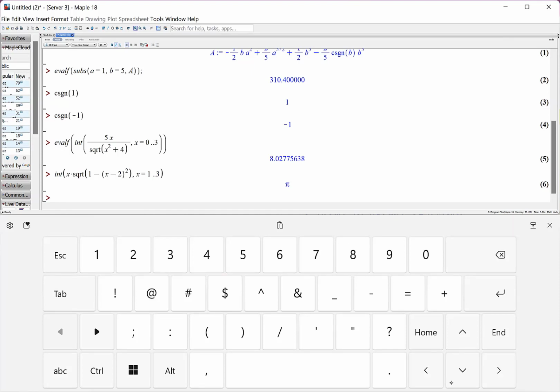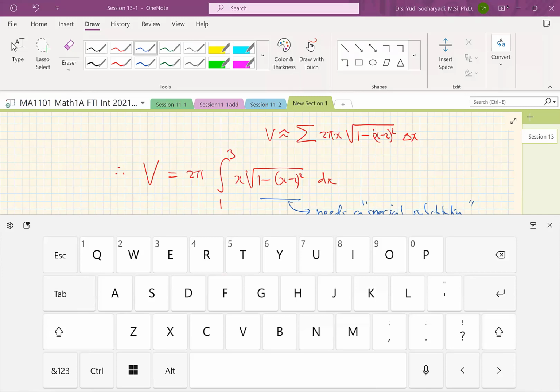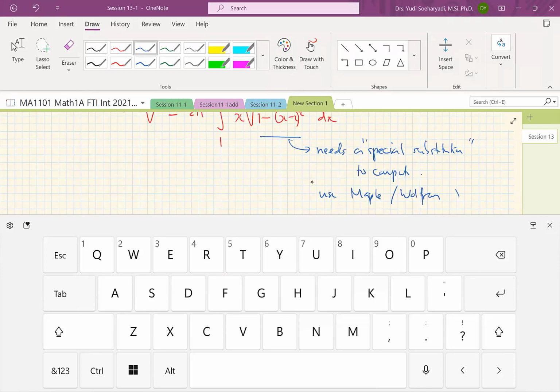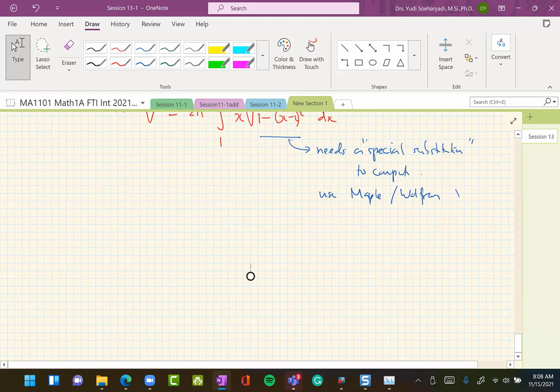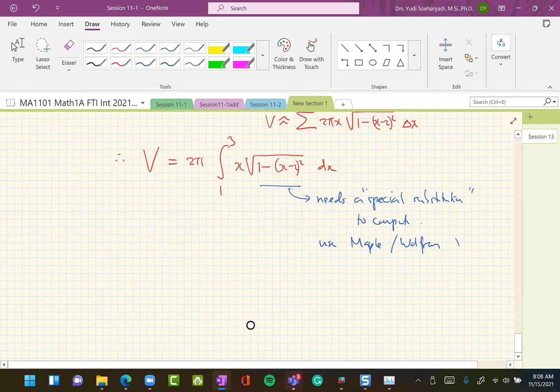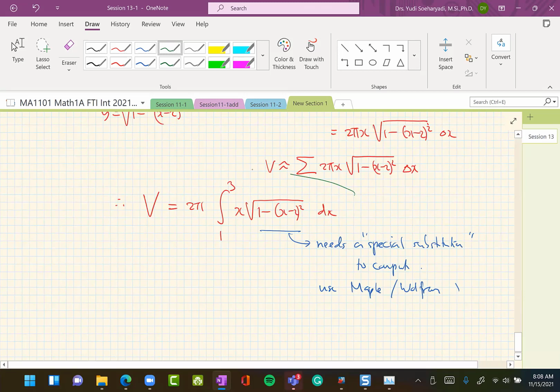Okay. So what we have is 2 pi times this one. All right, so this turns out to be pi.